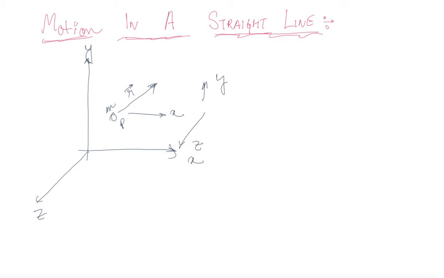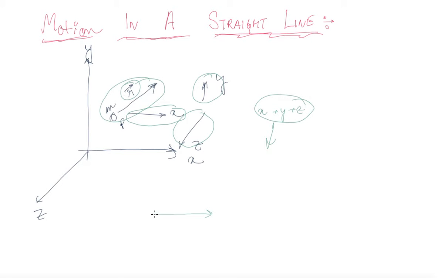The movement can individually be broken into these. So even if you study the one-dimensional motion for each axis and then combine x plus y plus z, you will have the combined motion of the mass m going in the direction of r. So even if we study one-dimensional motion, we can easily apply this to our 3D space.